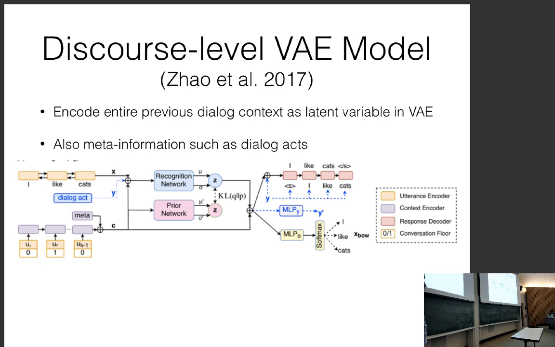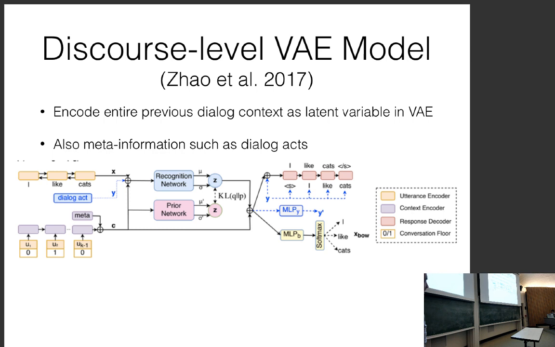And then you generate the output, I like cats. So this I like cats is essentially available to the recognition network. So you want to do an auto-encoding objective where you reproduce the I like cats from this variable that you have here. But in addition to this, they have a few other things.